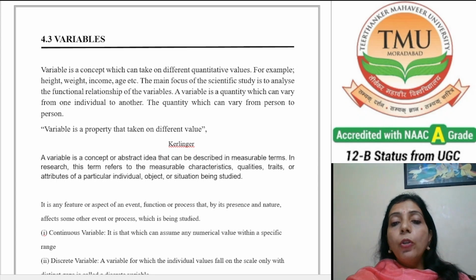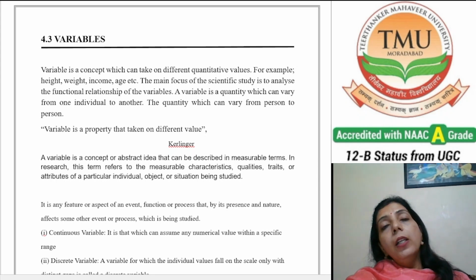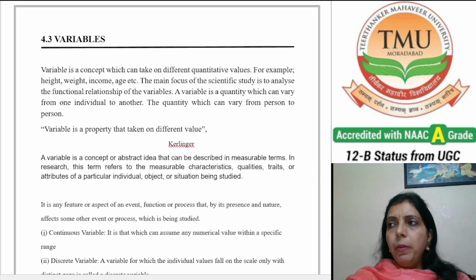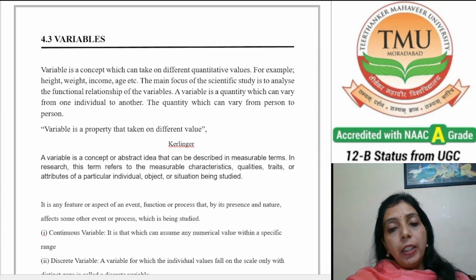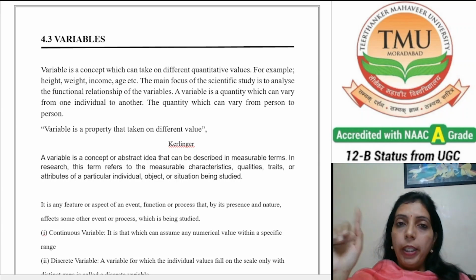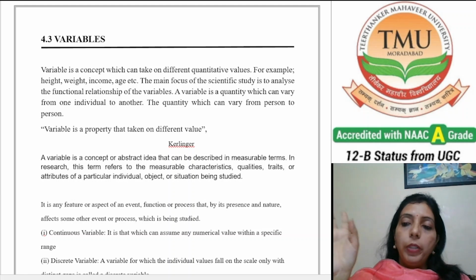There may be two or three students who can obtain the same marks, but it is very unlikely that all students will score the same marks. So the score on the science achievement test is a variable because it is going to vary from student to student.